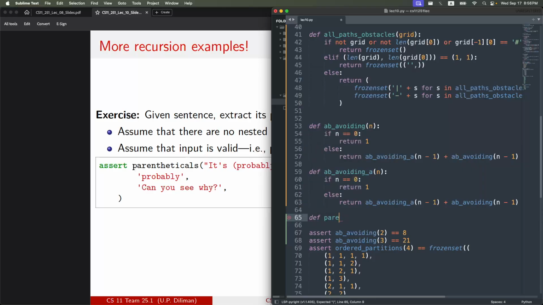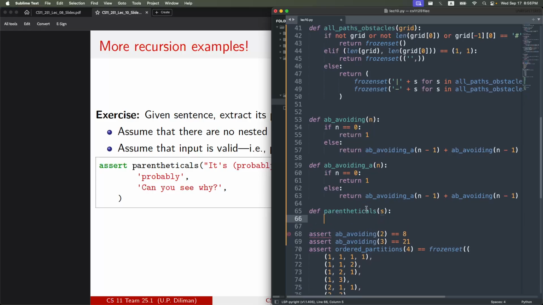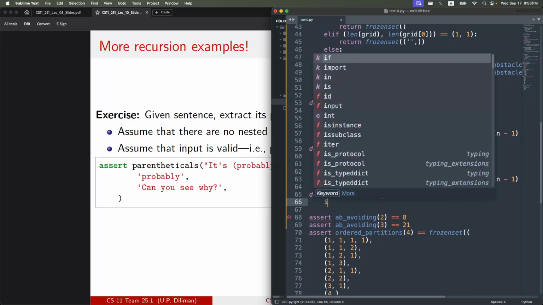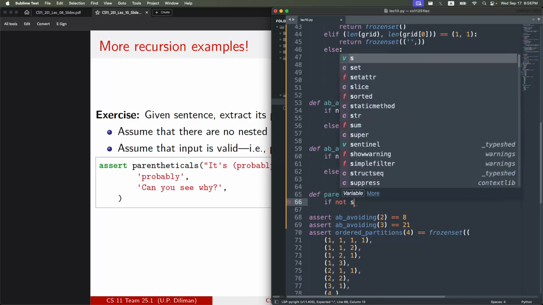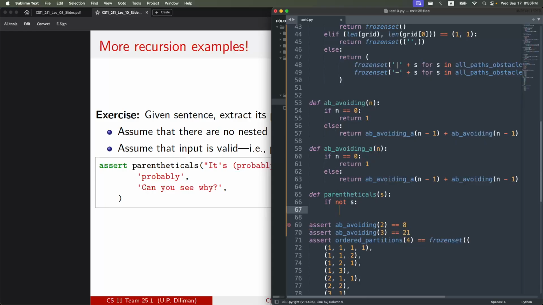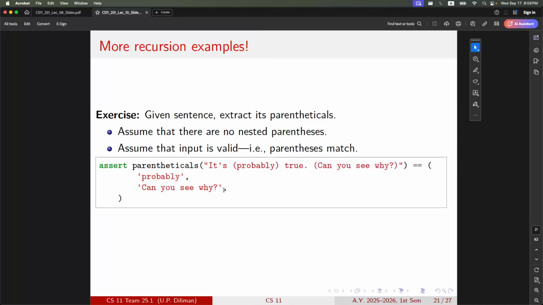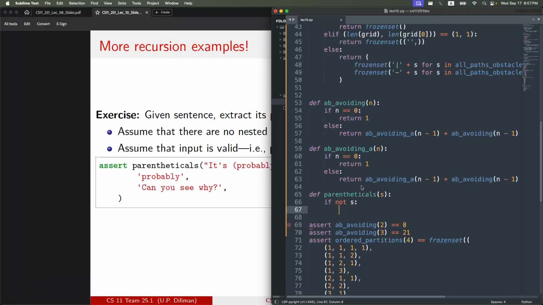Def parentheticals, string. Well, base case, if the string is empty, then, well, what do we return? A tuple containing the parentheticals, right? And we return an empty tuple.